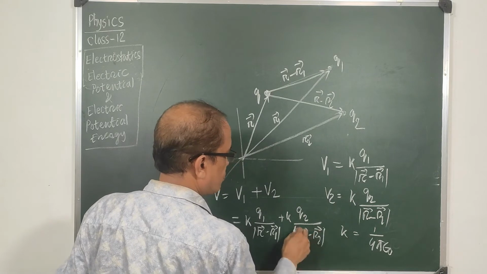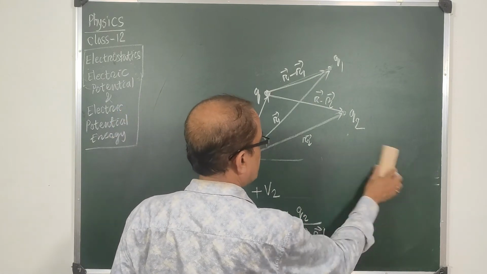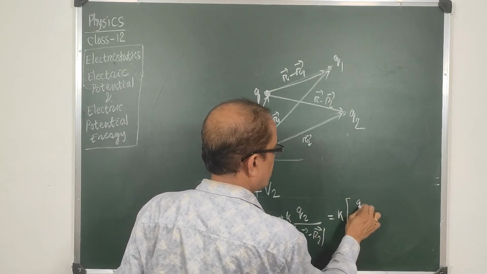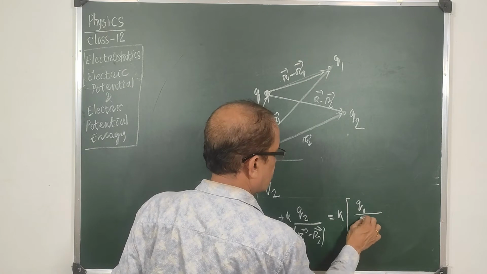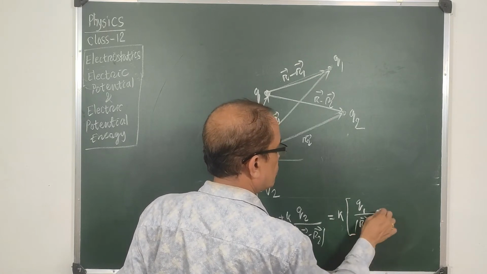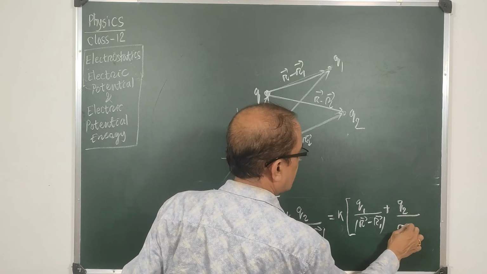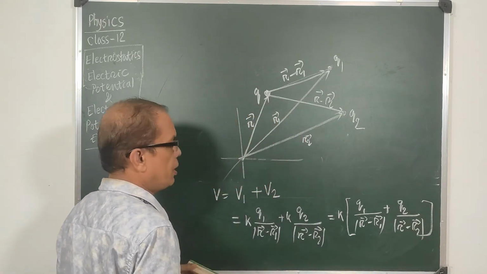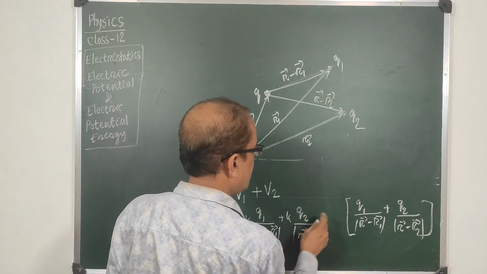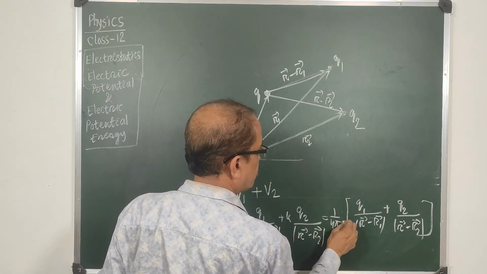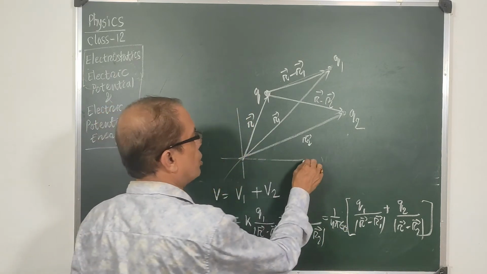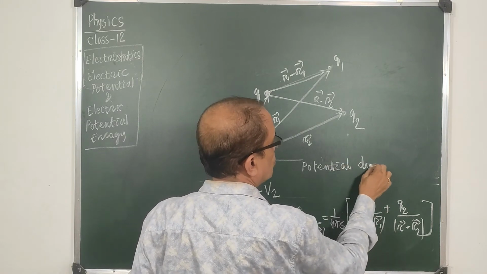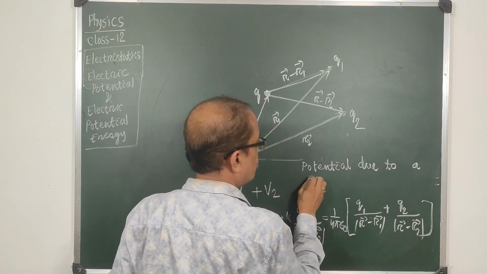If we simplify this, we can take k common, and this will be q1 by mod r minus r1 plus q2 divided by mod r minus r2, and the value of k can be included. If it is in SI, this will be 1 upon 4 pi epsilon 0 into this much. So this is the potential due to a system of two charges.